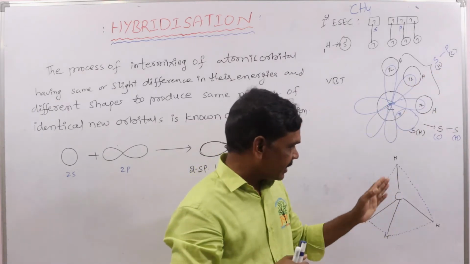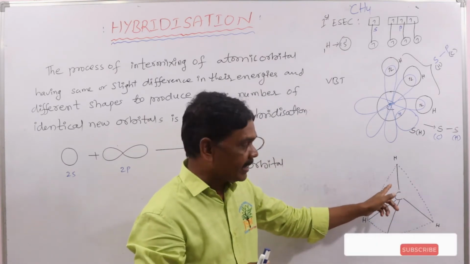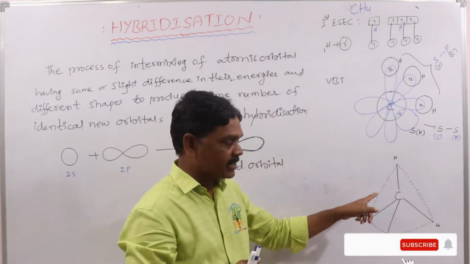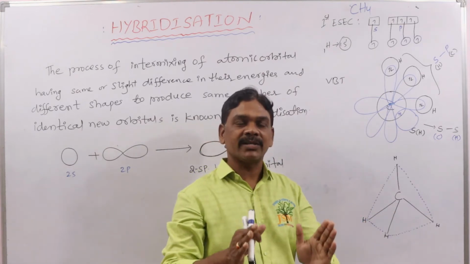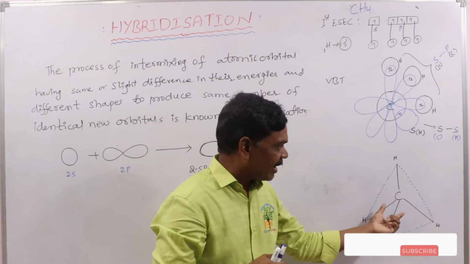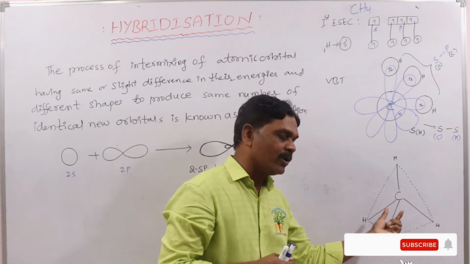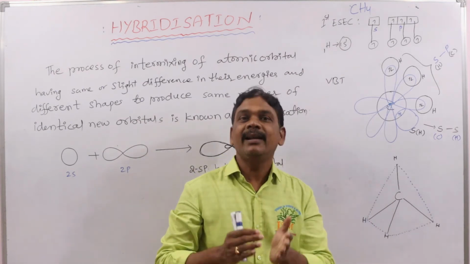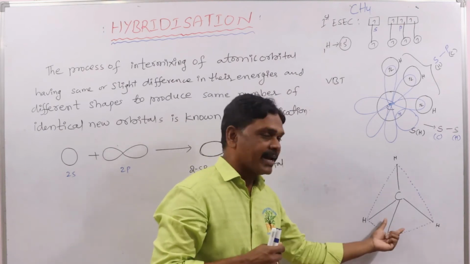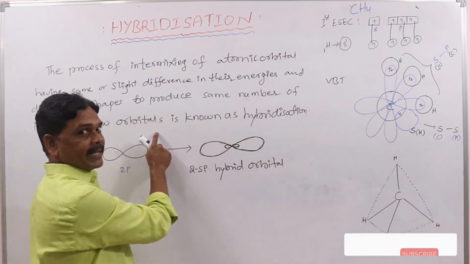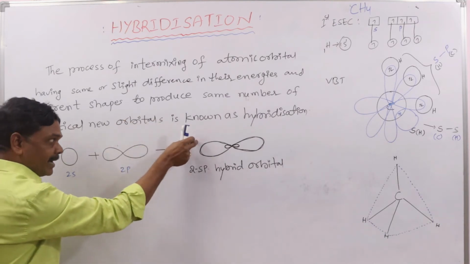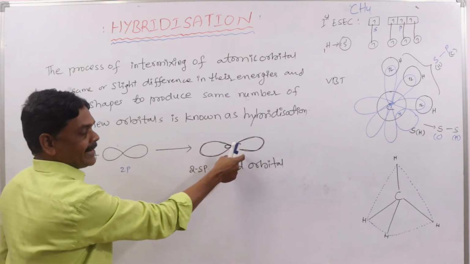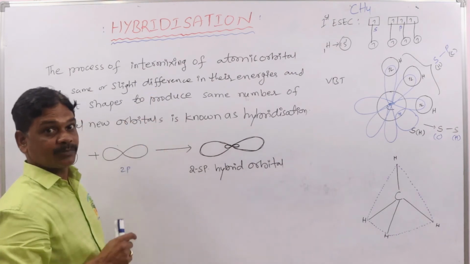But in case of experimental evidence, all these bonds are the same. So in the formation of the methane molecule, according to experimental evidence, what is happening? Hybridization is taking place, so that through hybridization we get identical orbitals.